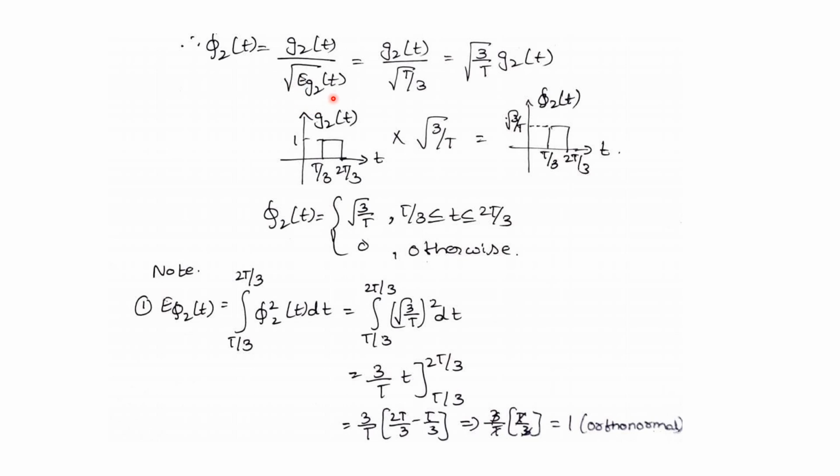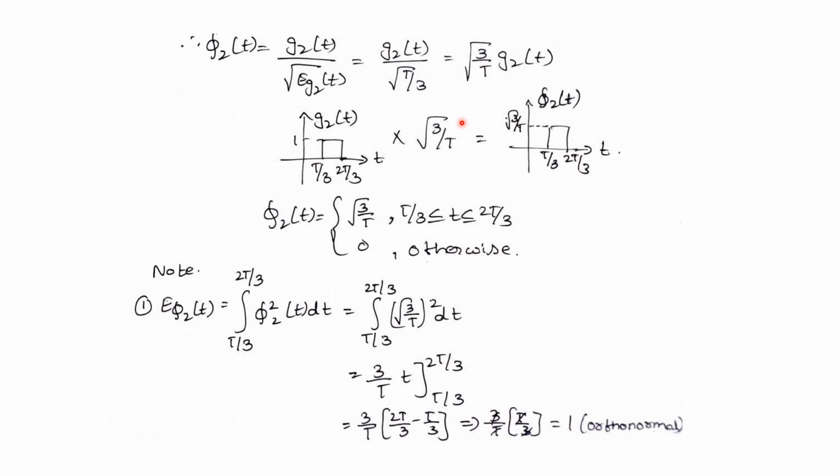In the last slide, we calculated the value for Eg2, and we know the formula for phi 2 of t. Phi 2 of t is equal to g2 of t, the generalized equation, divided by the root of the energy of the second signal. Substituting Eg2 as T by 3, I am getting root 3 by T into g2 of t.